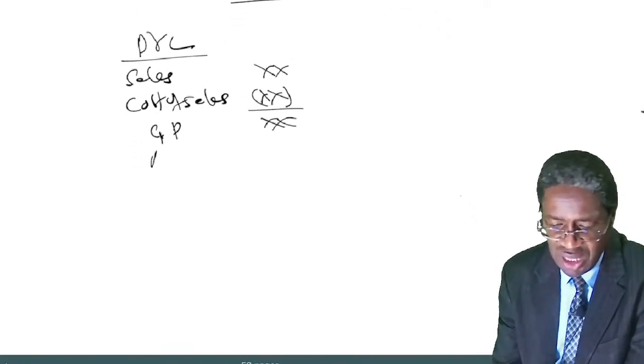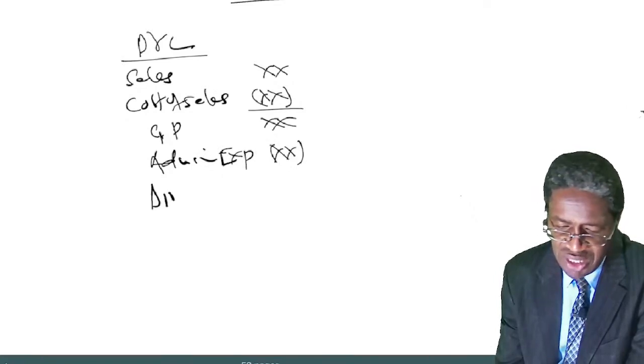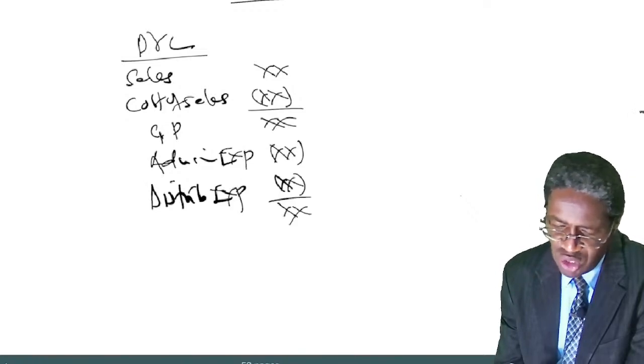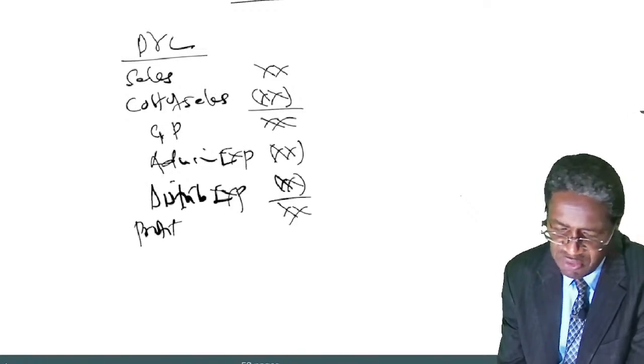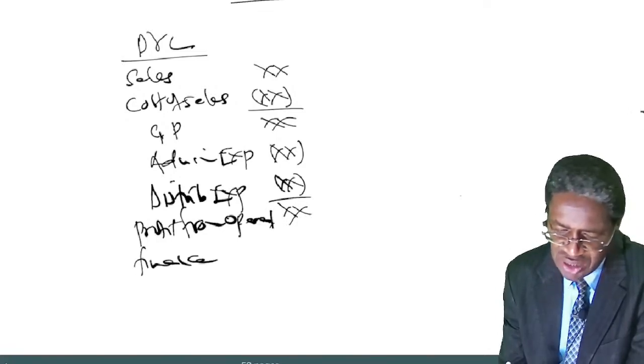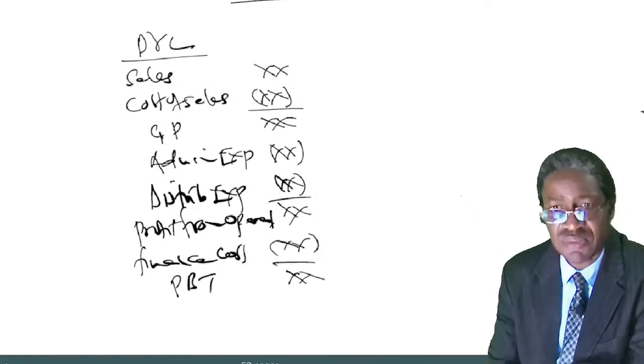You will see admin expenses, distribution expenses, then what we normally call profit from operations. Then we normally see a finance cost, then profit before tax.